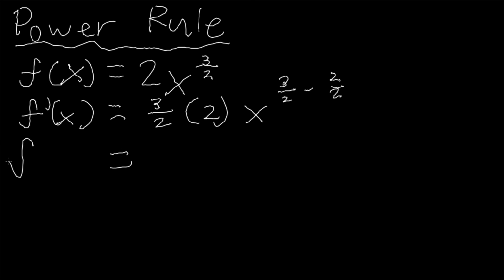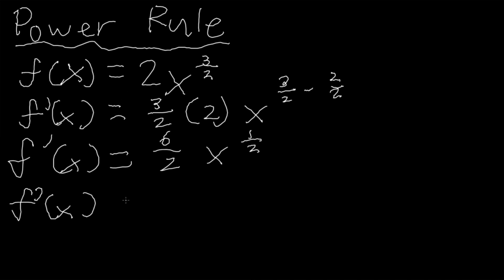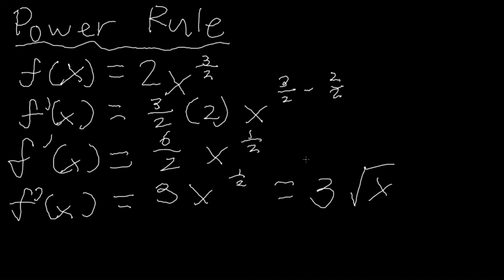Now to finish this, we do 6 over 2 times x. Now 3 over 2 minus 2 over 2 is just 1 over 2. So that is the power of 0.5, so it's basically the square root of x. Lastly, we simplify the fraction, so this is 3x to the power of 1 over 2. We could also express this as 3 times the square root of x.